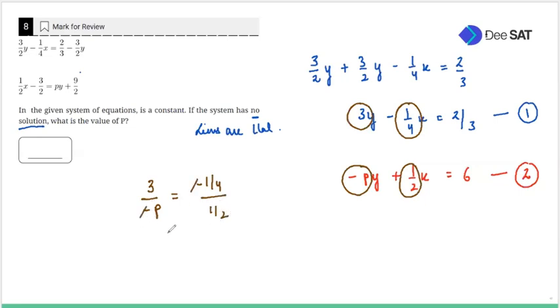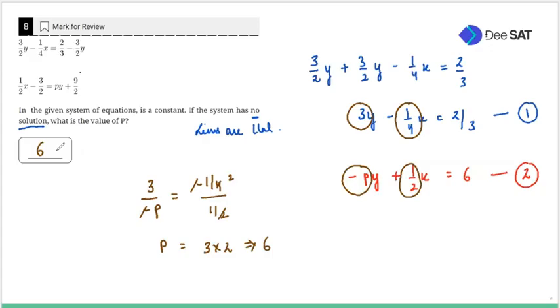Definitely the negative sign will get cancelled on both sides. The value of p should be equivalent to, 2 times 2 is 4, and that will go up. So it will be 3 times 2, which is equivalent to 6. So 6 will be my correct answer.